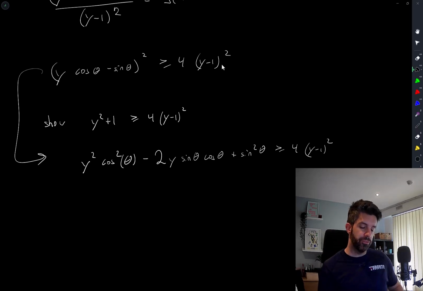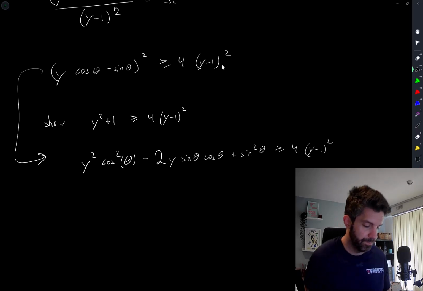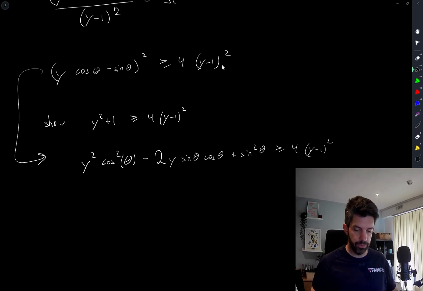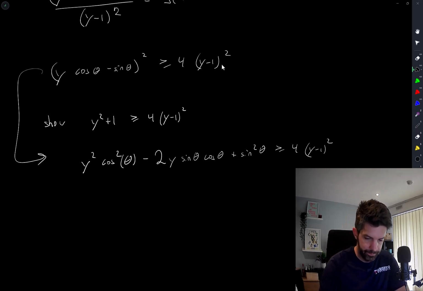I almost want to do the same thing where I just maximize this quantity with respect to theta. Am I allowed to just think of y as being any fixed number though? Because it does depend on theta.